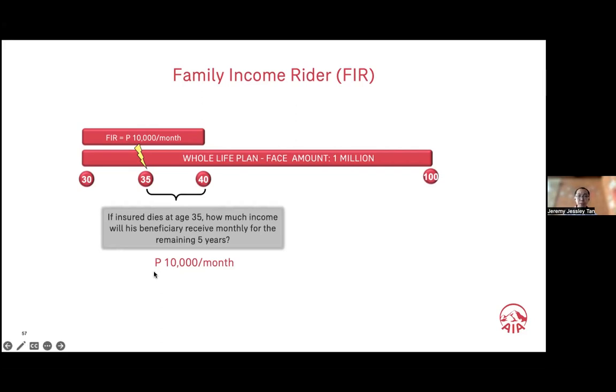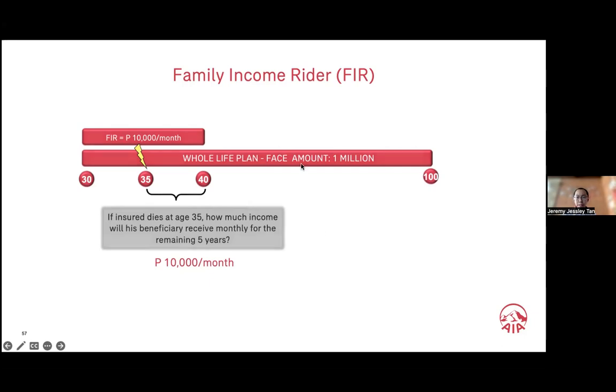So this helps when you look into the budgeting, right? Your monthly expenses. This helps with the family's monthly expenses while they are adjusting to the loss of the breadwinner or of the insured. Okay, is that clear? Family income rider.